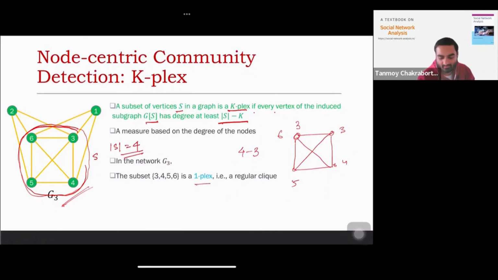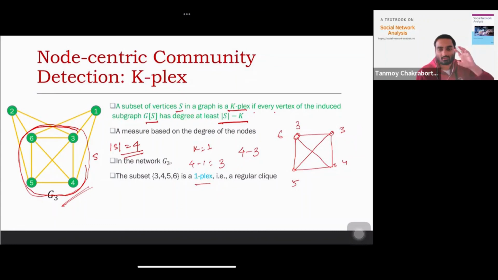So this is a 1-plex because every node in the induced subgraph of S has degree at least 4 minus k, with k equal to 1, so at least 4 minus 1, 3. Now think about it.